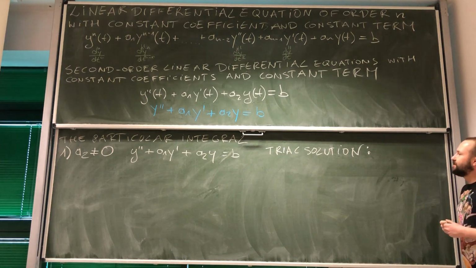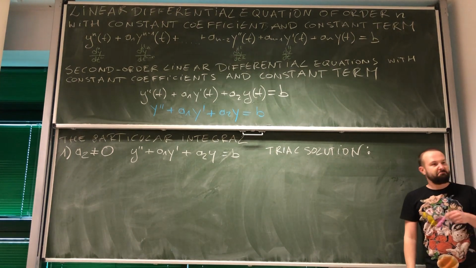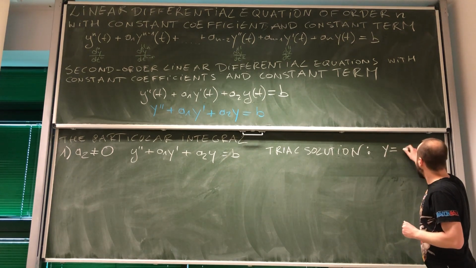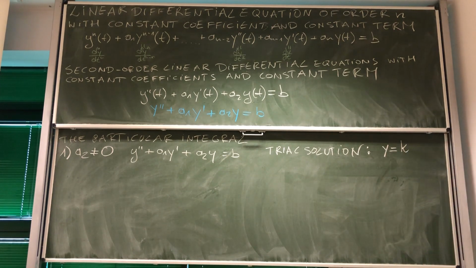So we're going to try the most simple case, that y equal to some constant k, right? So, what do we see over here? Y is constant, right?